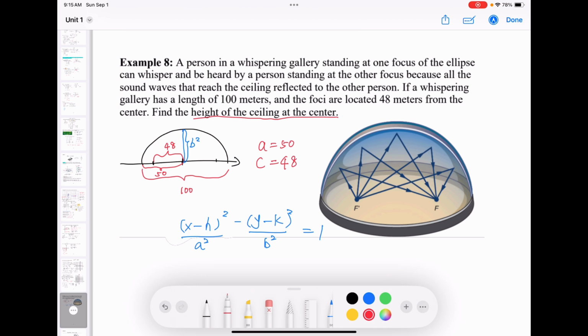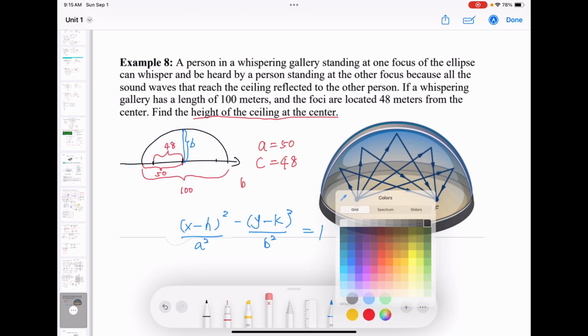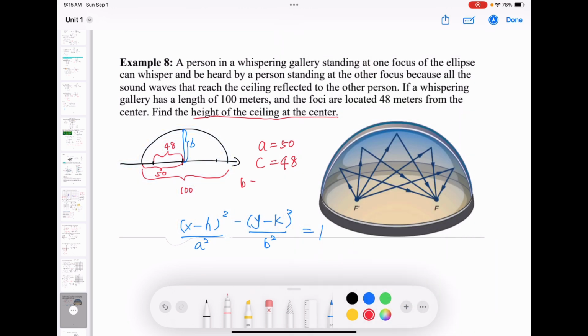Can you find the b? Here is b. So b squared is equal to a squared minus c squared. So we can plug in the a and c values and find b. That means I don't have to find the equation.